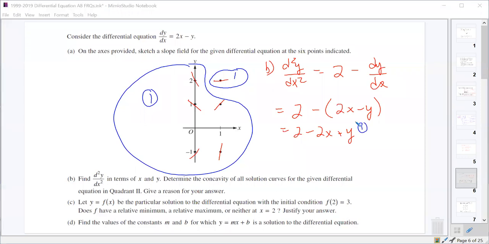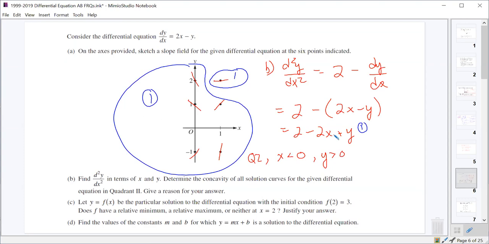And then it asks, well, determine the concavity of all solutions for the given differential equation in quadrant 2. Well, in quadrant 2, x is less than 0, but y is greater than 0.